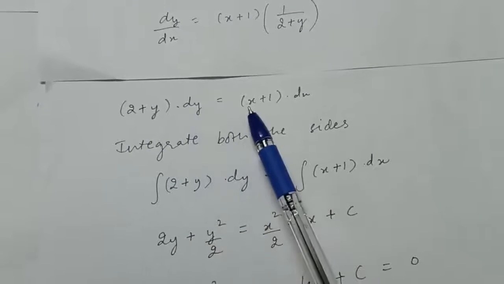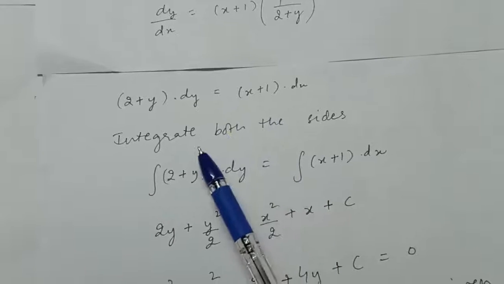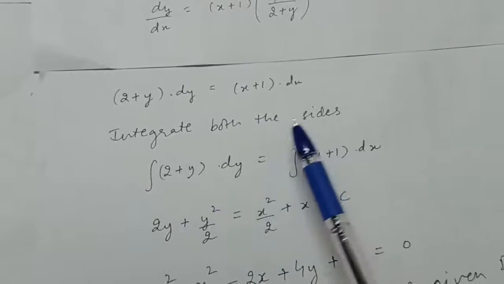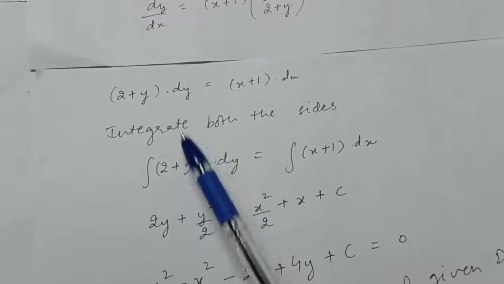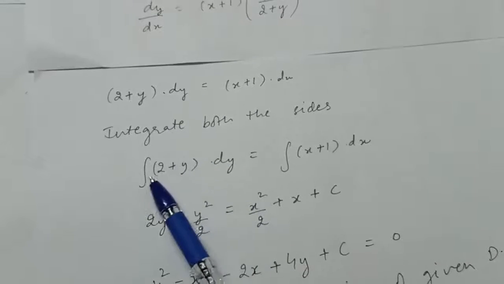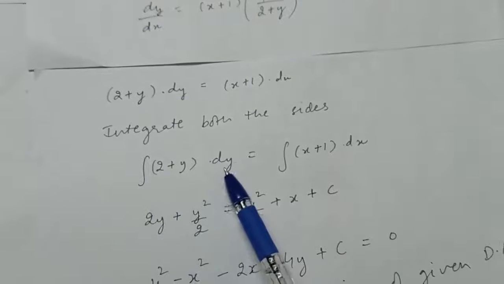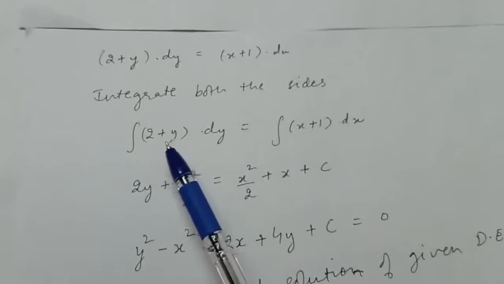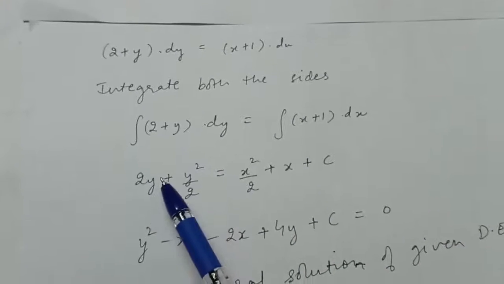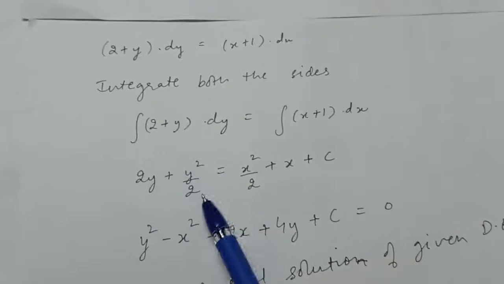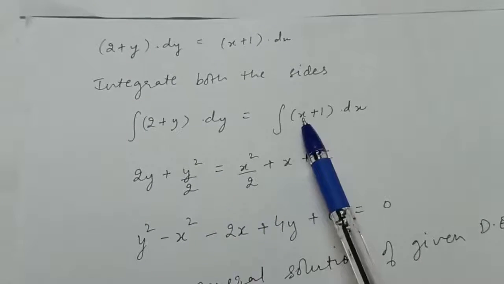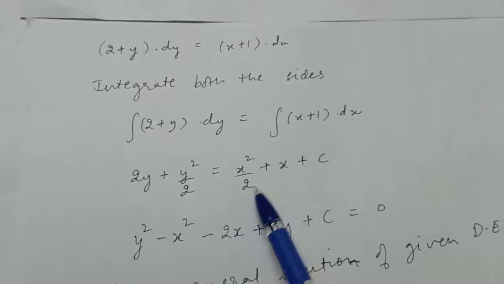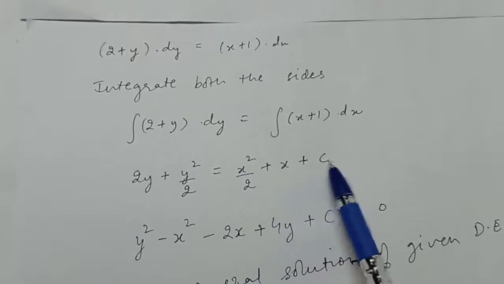Now to find the solution, integrate both the sides. On the left hand side we are integrating this function with respect to y and here integrating this function with respect to x. Now you know the integration of 2 is 2y plus y square by 2 equal to the integral of x, which is x square by 2 plus x plus c.